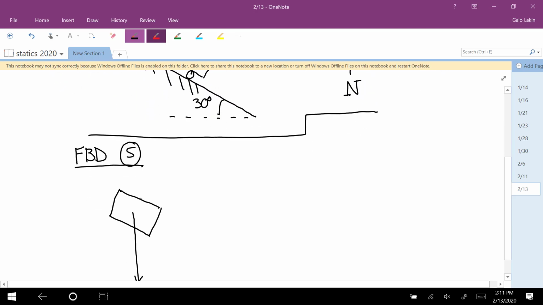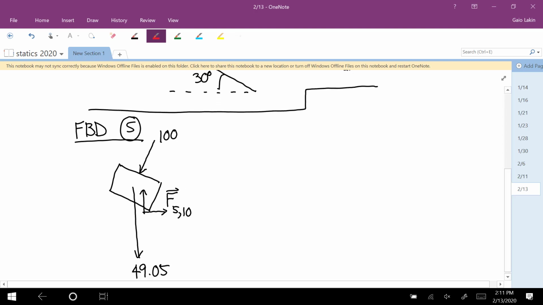And there's a 100 Newton force that's perpendicular to the surface. And then there's a friction contact applied to the 5 by the 10. So that's F 5,10. The only thing that we're going to have to find an angle for is that 100 Newton force.